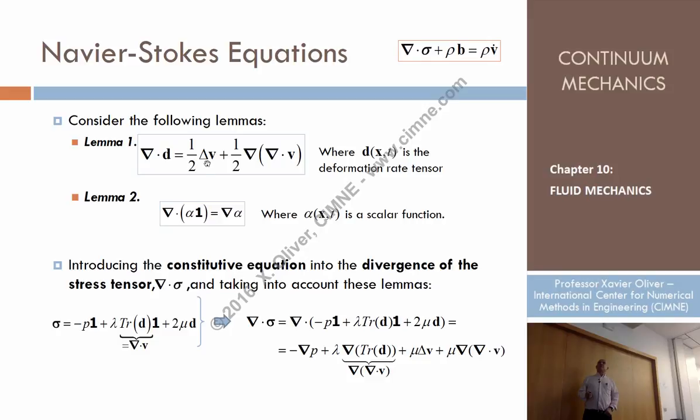You know that the Laplacian is the divergence of the gradient, plus 1/2 of the gradient of the divergence of b. That is an identity, proven in the book. And second, another identity that we have used a number of times along the course: whenever we take the divergence of a hydrostatic tensor, that is, an isotropic second order tensor, a scalar times the unity, that divergence is equal to the gradient of the scalar. These are two identities that we can use.